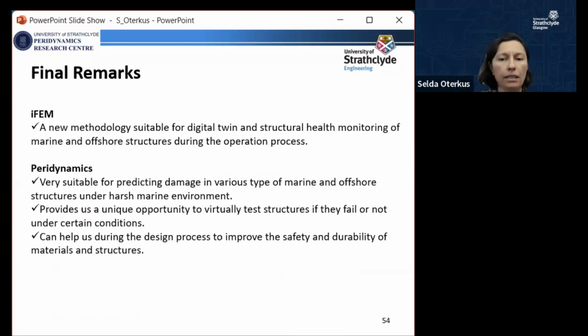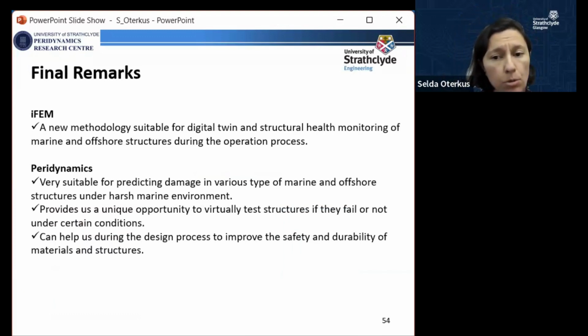So as a final remark, I explained two methodologies that we can use for digital twin purposes. The IFM methodology is a new methodology and suitable for digital twin and structural health monitoring of marine and offshore structures during the operation process.